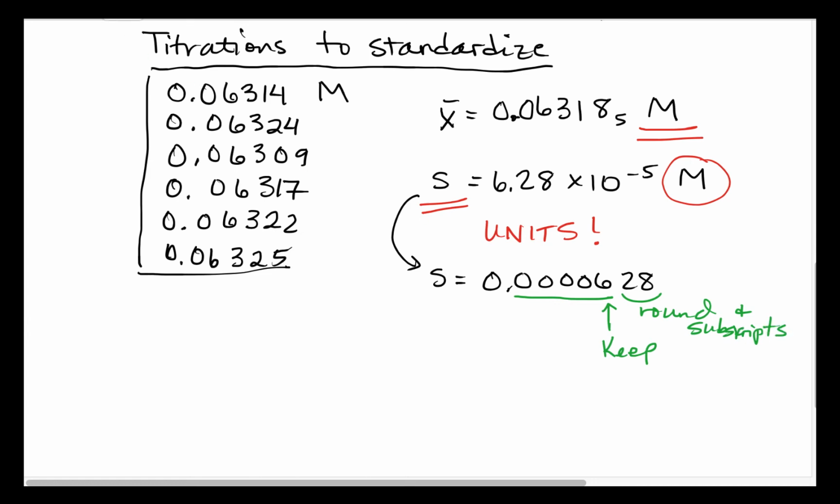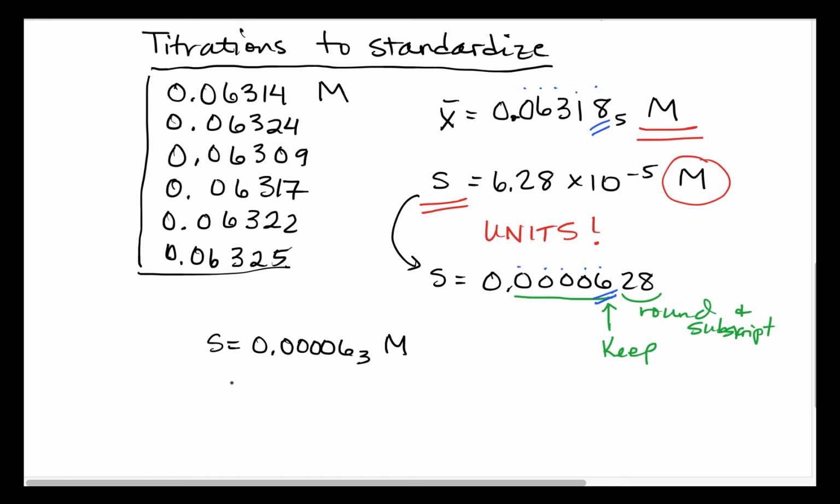Just subscript 1. So if we look at the decimal places, 1, 2, 3, 4, 5 over, 1, 2, 3, 4, 5. This 6 lines up in the same column as the 8, which seems pretty reasonable. So if we were being consistent between these two numbers, we probably would write the standard deviation is 0.00063 molar in order to match the mean.